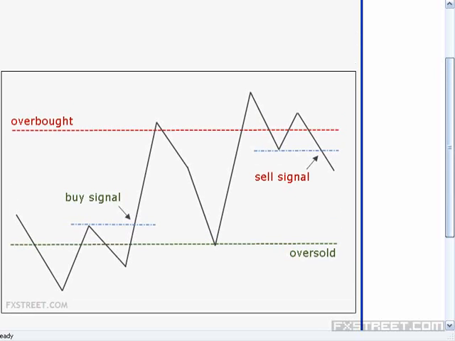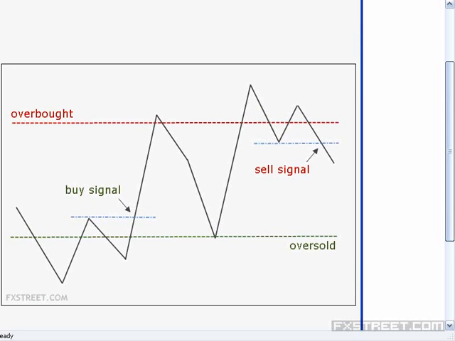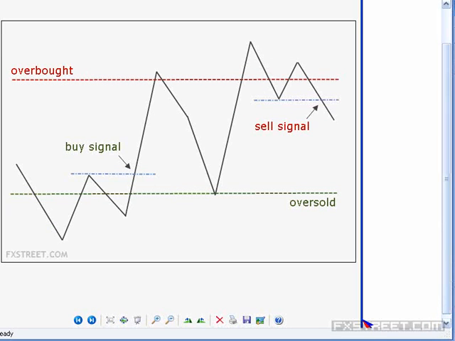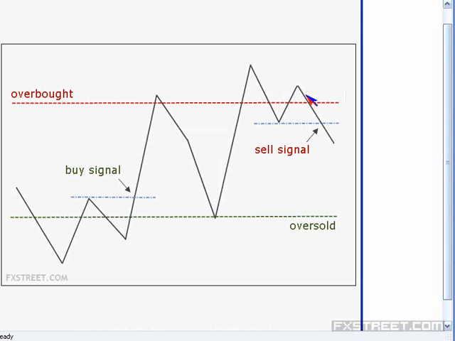It may have a divergence, a situation where we have a swing failure in the RSI, but it's not needed. You don't need to see lower highs, for instance, or higher highs here in the price series, and lower highs in the RSI to have a swing failure.